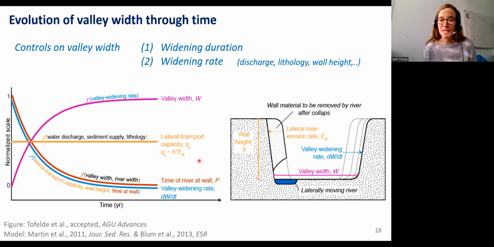So in order to get the real wall retreat rate, which is called ER here, the lateral transport capacity is the QL, but the real wall retreat rate is scaled inversely with the wall height, because as we've seen before, for a high wall, we have more sediment that needs to be removed for a step sidewards. And for a low wall, there's less sediment that needs to be removed.